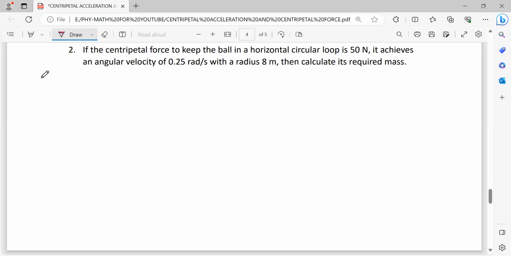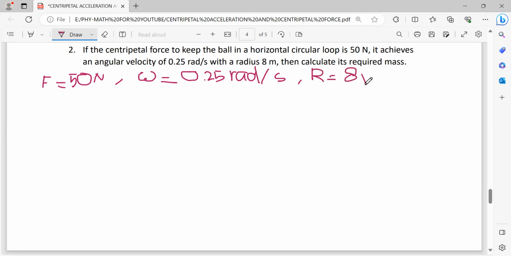Still the same, we have to identify first that F equals 50 Newton, omega equals 0.25 radian per second, and radius r equals 8 meters. And we're going to find the mass.